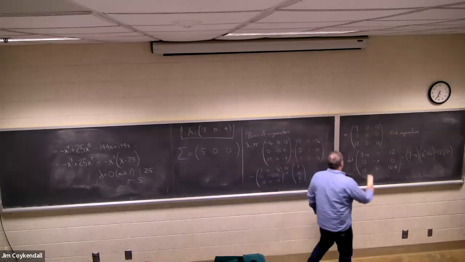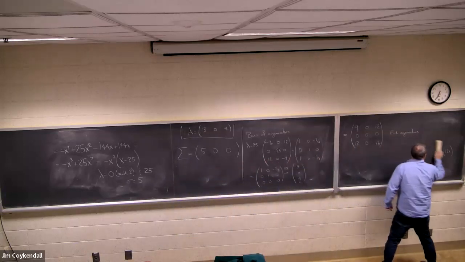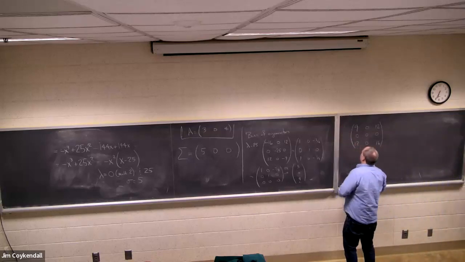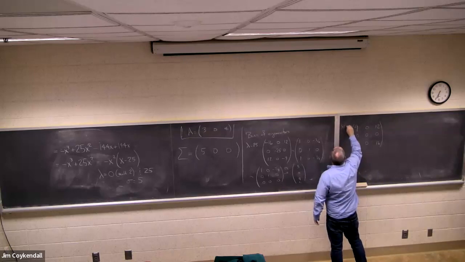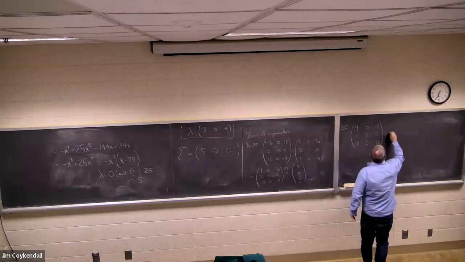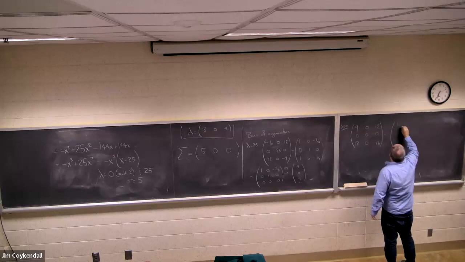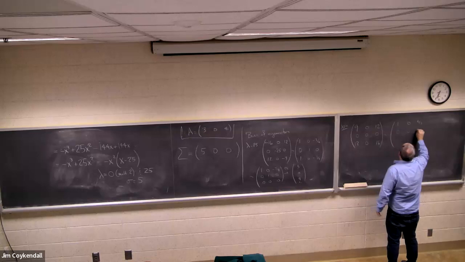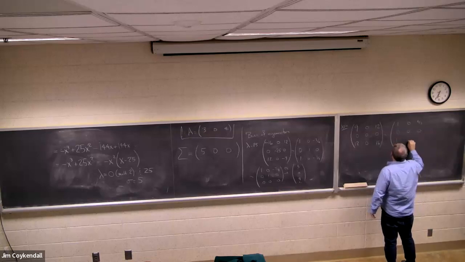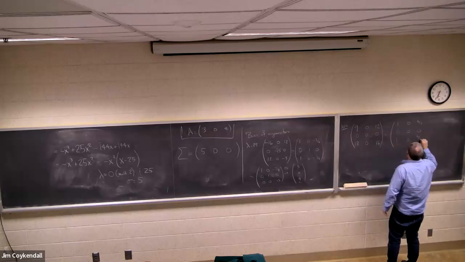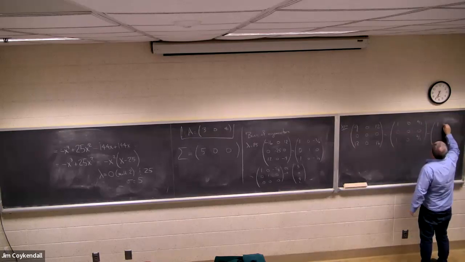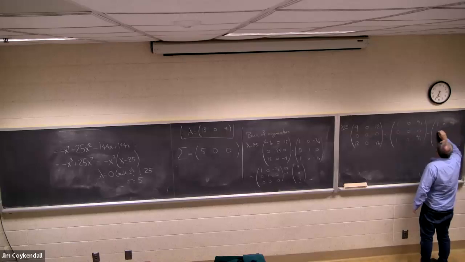Now for 0, I like 0 because I don't have to change the matrix. So for lambda equals 0, this is 1, 0, 4/3, 0, 0, 0, 0, 0.